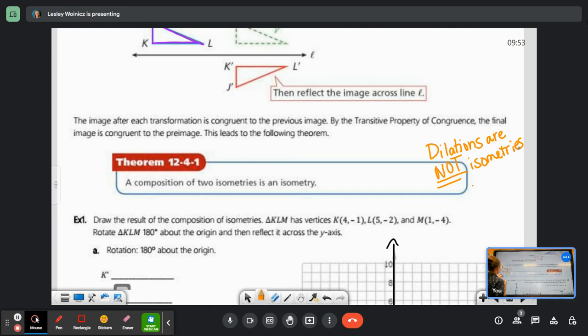If I'm doing a dilation, I'm changing the size. So if you have some sort of a composition that has a dilation in it, you're not going to get congruent images. That is the exception to this rule. We're talking about rigid transformations.